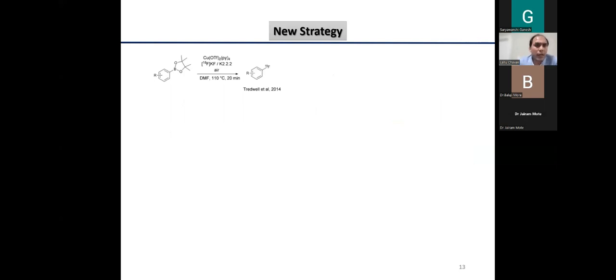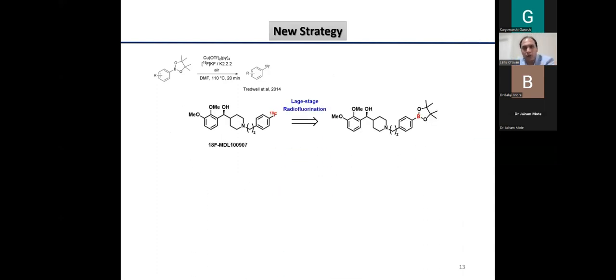So in the literature, there is a reaction where a pinacol boron ester is used in F18 radiofluorination. They reported it in 2014, so we thought to employ this reaction in synthesizing MDL-10907, and we did a retrosynthesis.